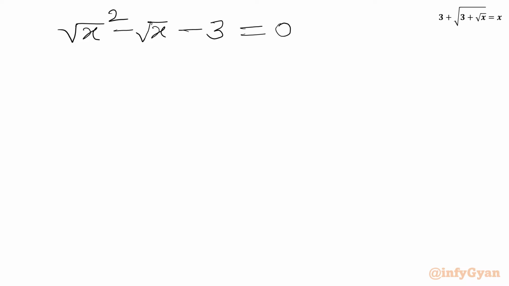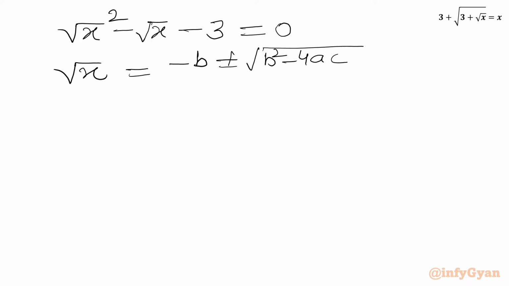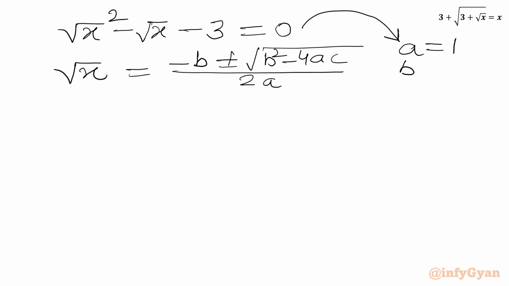We'll use quadratic formula. So we will write root x equal to, as this is quadratic in root x, we'll write formula minus b plus minus square root of b square minus 4ac over 2 times a. As per our equation, we can write the value of a, b and c. a is 1, the coefficient of square root x whole square. B will be the coefficient of square root x, minus 1.